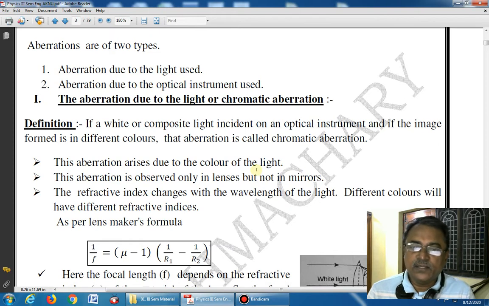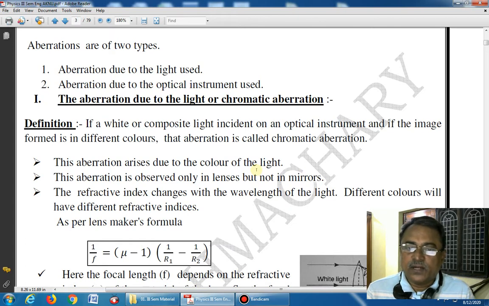When white light is incident on it, the different colors will refract in different angles. So, the light splits into its constituent colors, that is white splits into its 7 colors VIBGYOR.